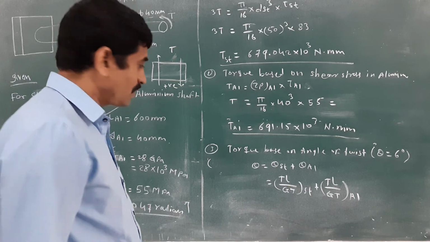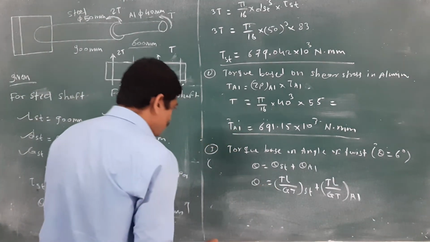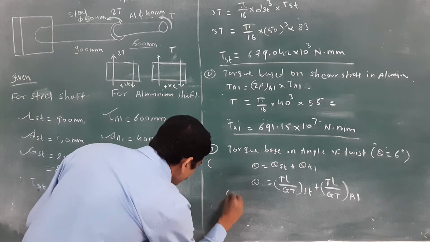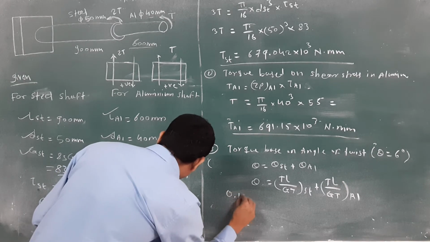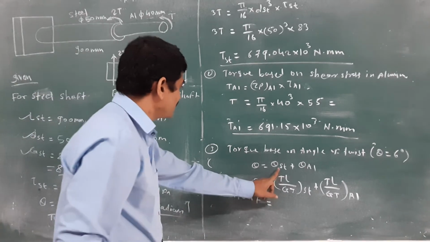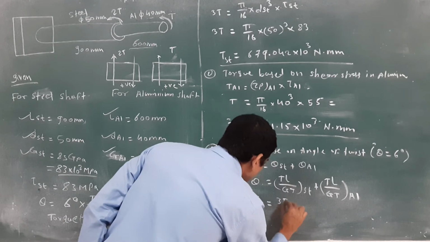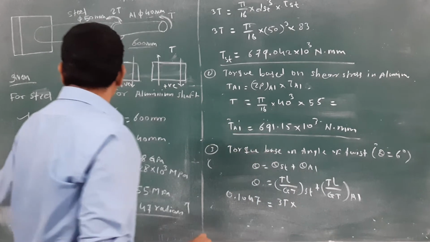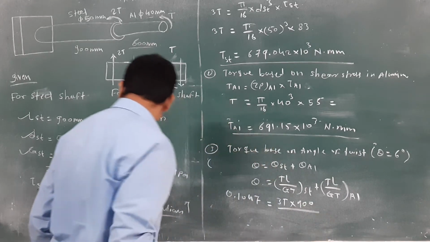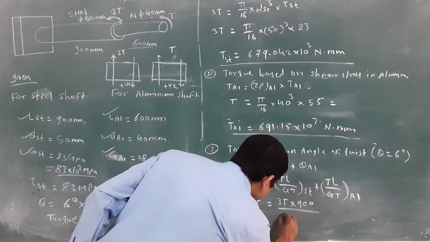Theta is equal to what we have calculated, 0.1047 radian is equal to, what is the TST? 3T into, what is the length of steel, 900? What is the G? G is given for the steel, 83 into 10 raised to 3.